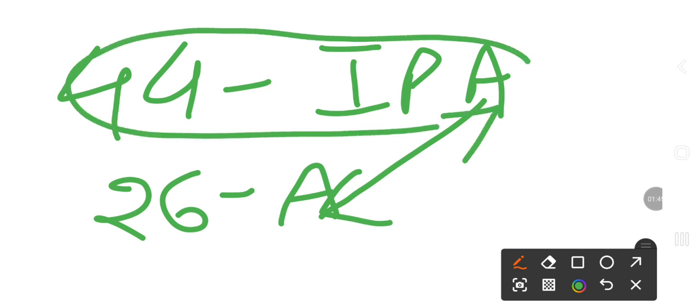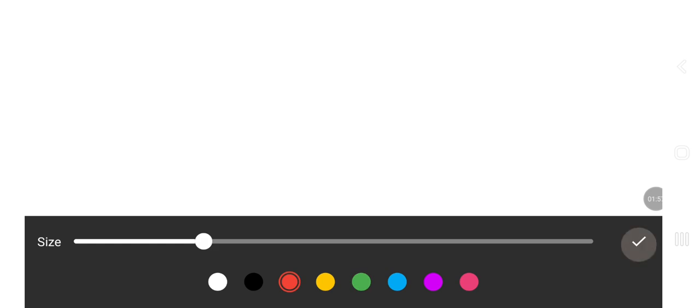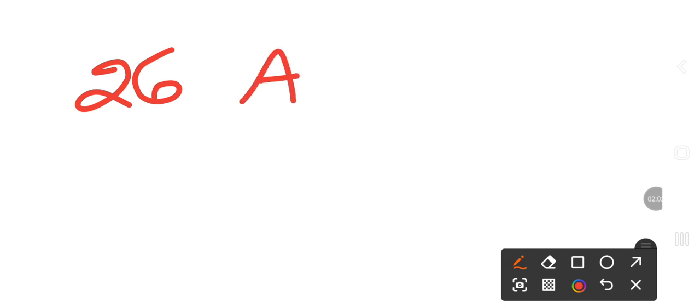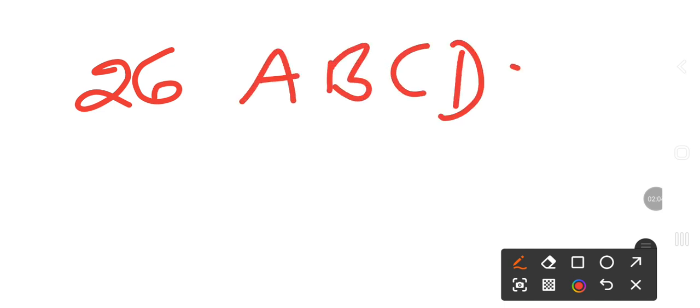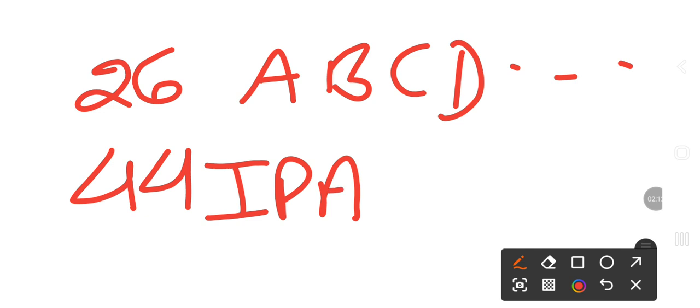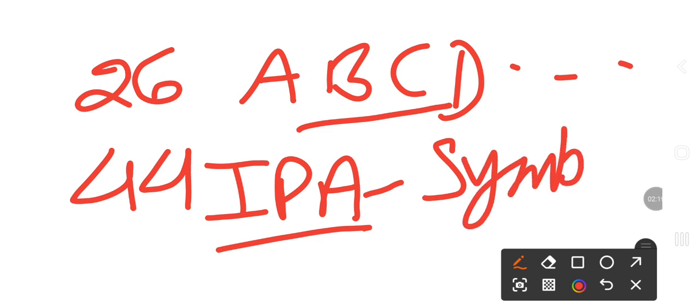The basic difference is that the regular alphabet is mainly made for the English language: 26 letters, A, B, C, D, etc. But these 44 international phonetic alphabets are not letters, they are symbols.